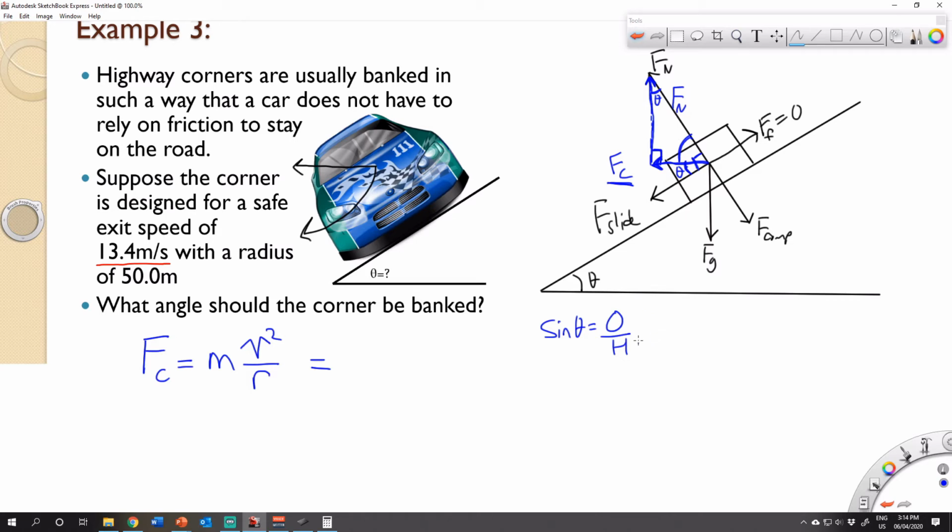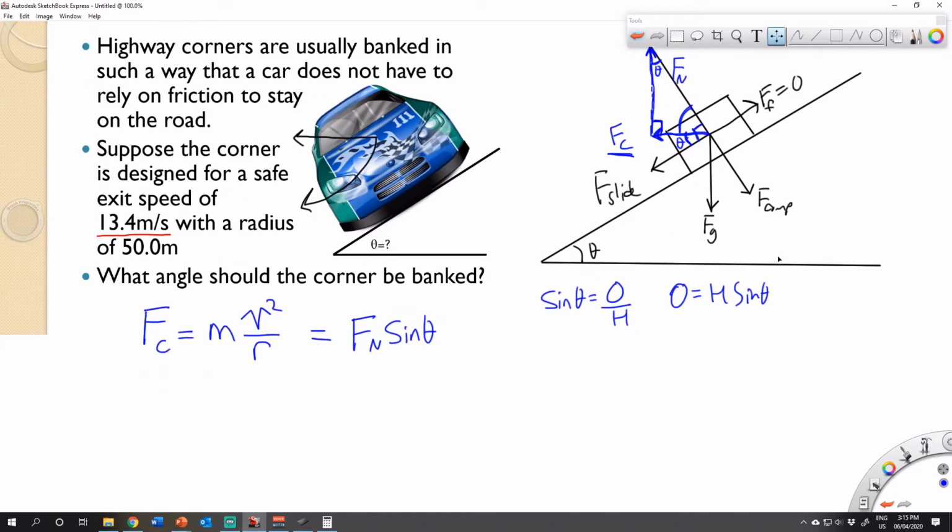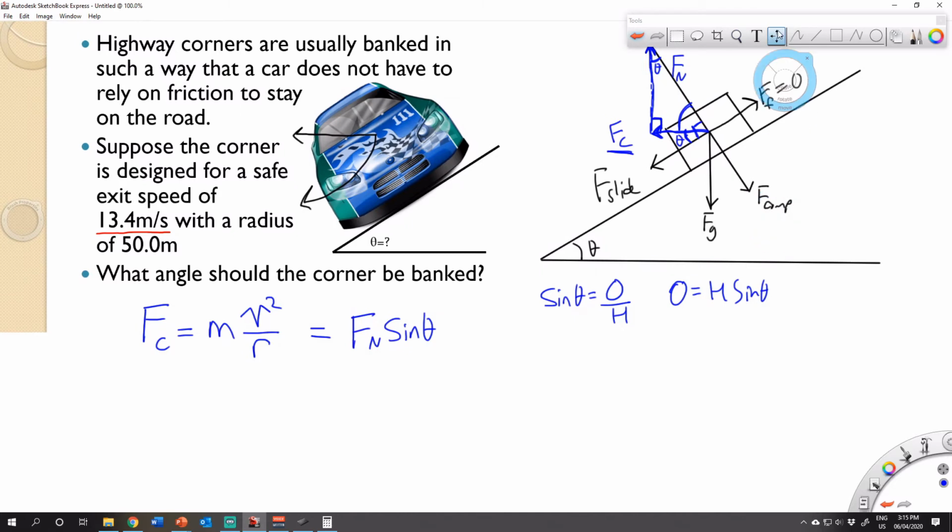If I rearrange that, the opposite side has to equal hypotenuse times sine theta. So if FC is the opposite side and the hypotenuse is Fn, then this has to be Fn sine theta. Now look at my diagram here.